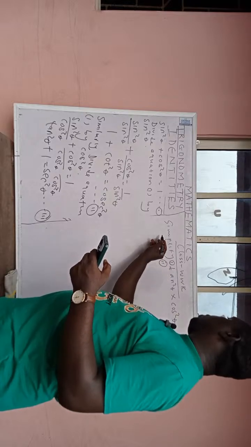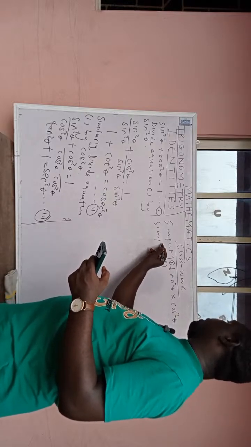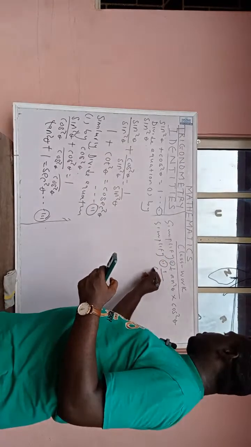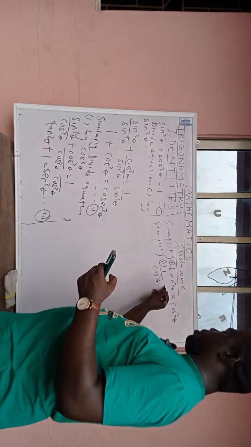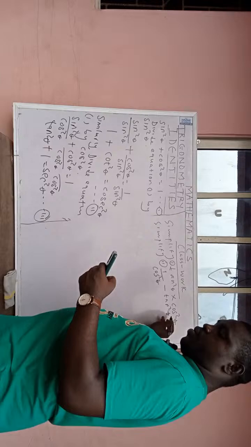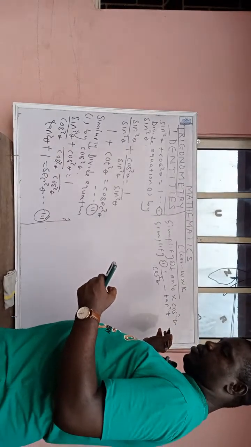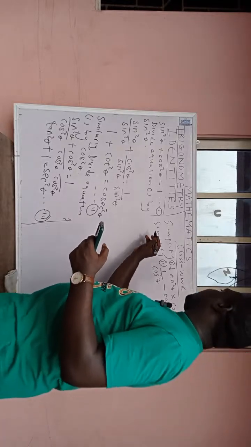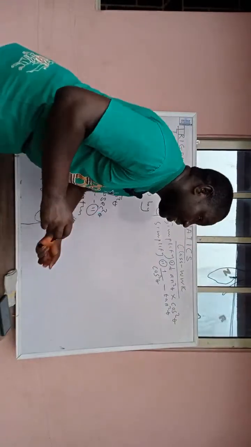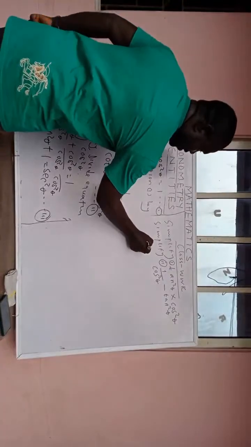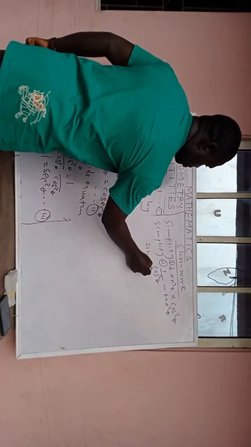And then number 2, we're told to simplify 1 over cos squared theta minus tan squared theta. And then we want to look at this carefully. Looking at these 2 questions is quite simple. So we can do something, solution.